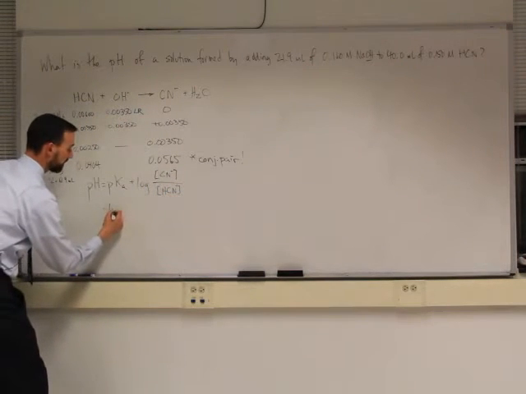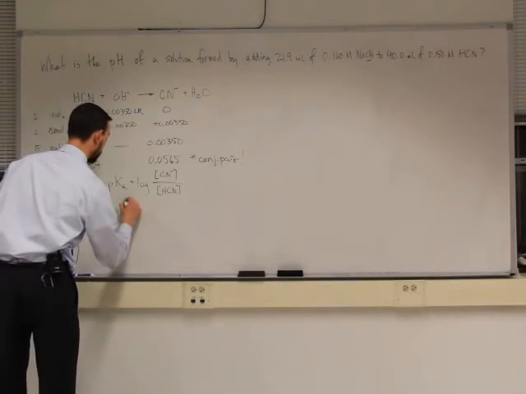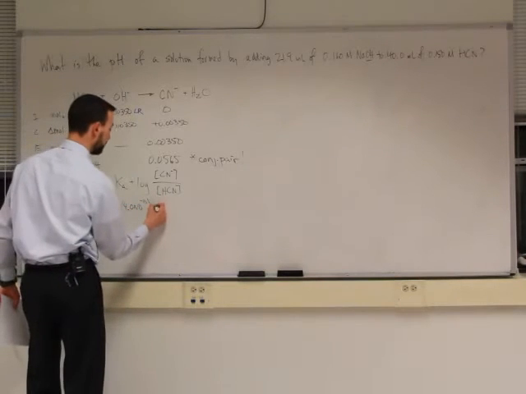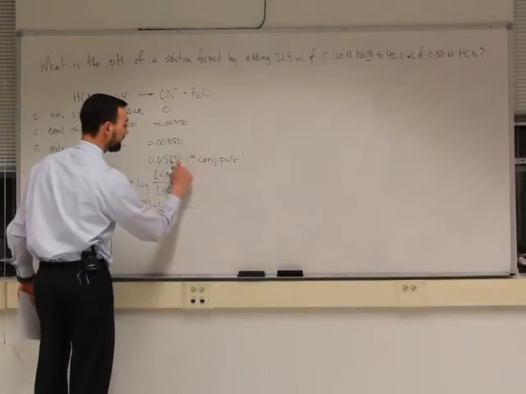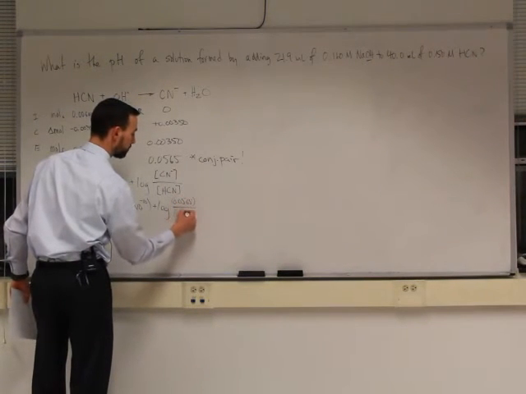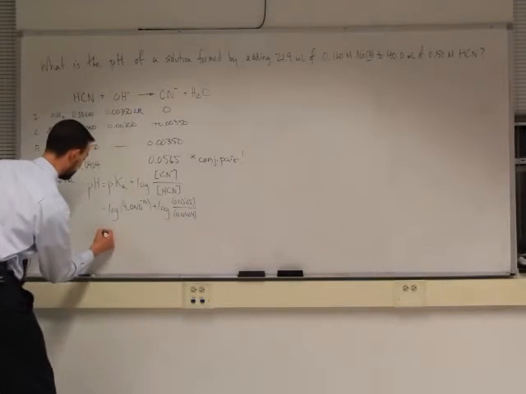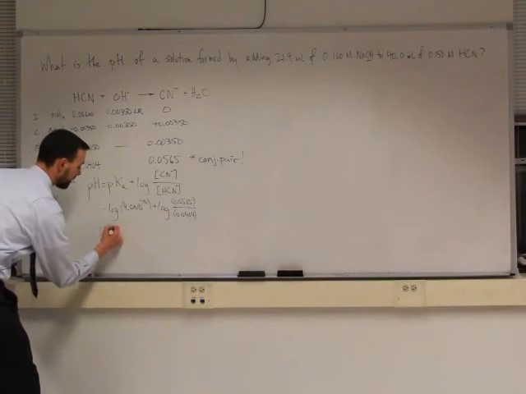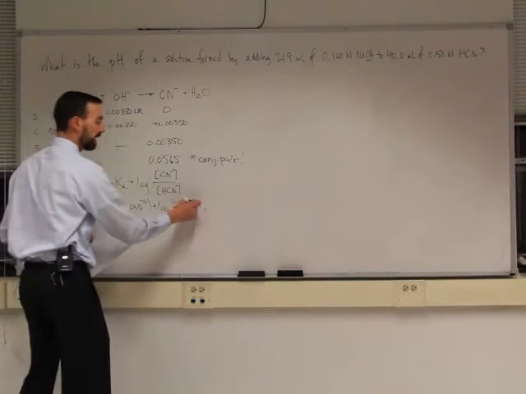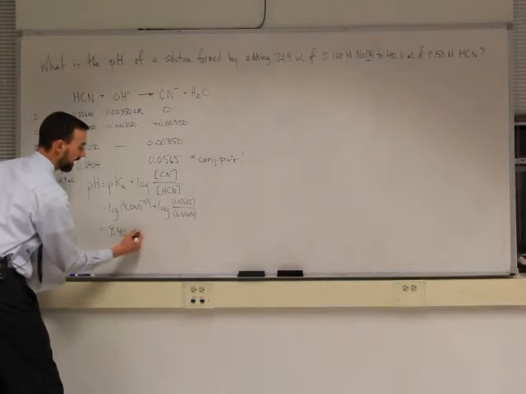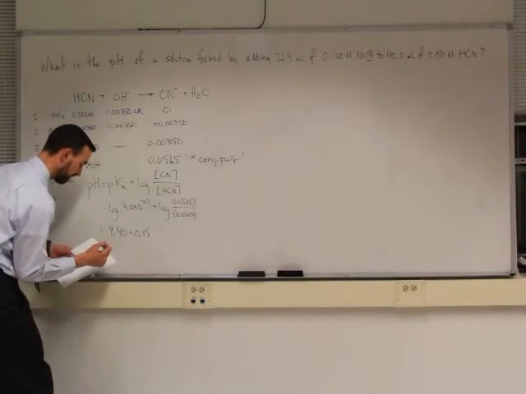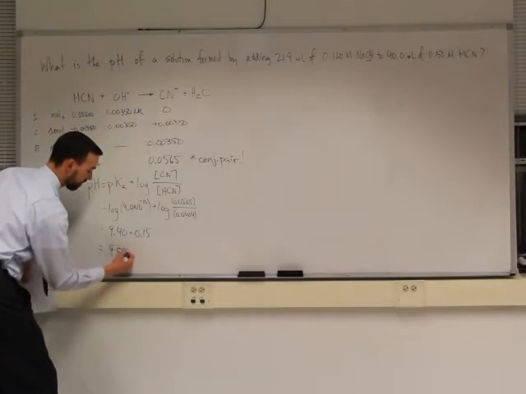So the pKa would be the negative log of the Ka, which is 4.0 times 10 to the negative 10 for hydrocyanic acid, plus the log of the base, 0.0565, divided by the acid, 0.040. The pKa is 9.40, okay? And we've got more base than acid at this point, so we're raising the pH. This log term comes out to be plus 0.15, so the pH is 9.55.